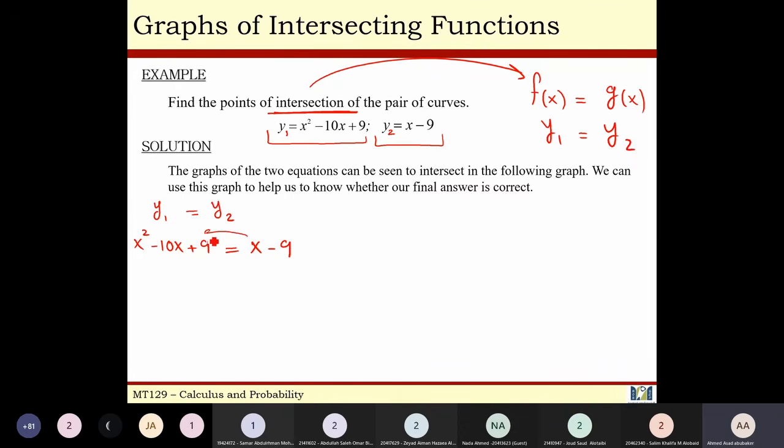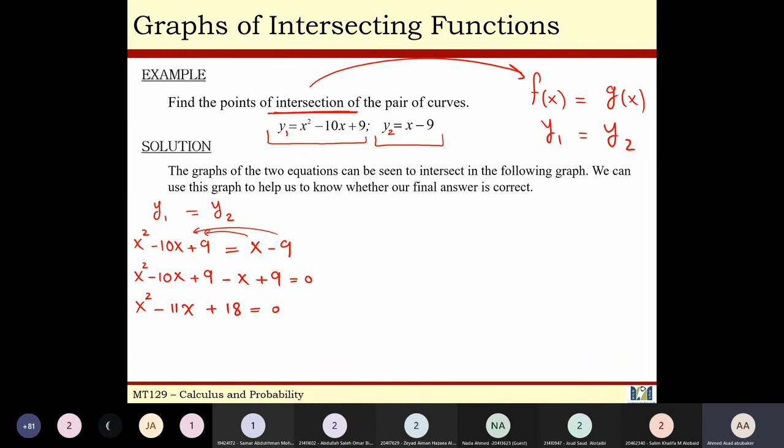Now move x and negative 9 to the other side, so we have x squared minus 10x plus 9 minus x plus 9 equals 0. So we have x squared minus 11x plus 18 equals 0.